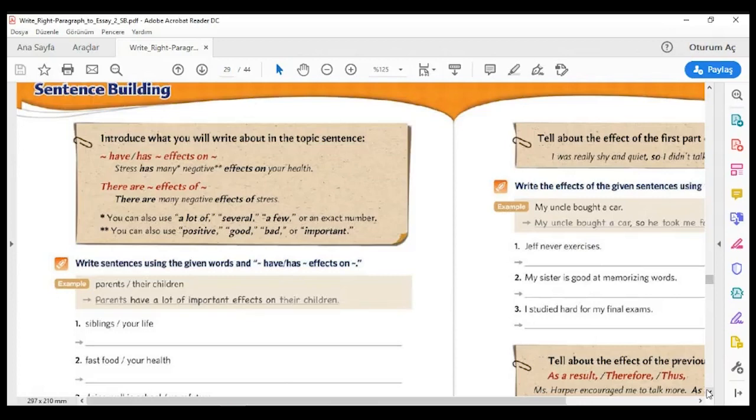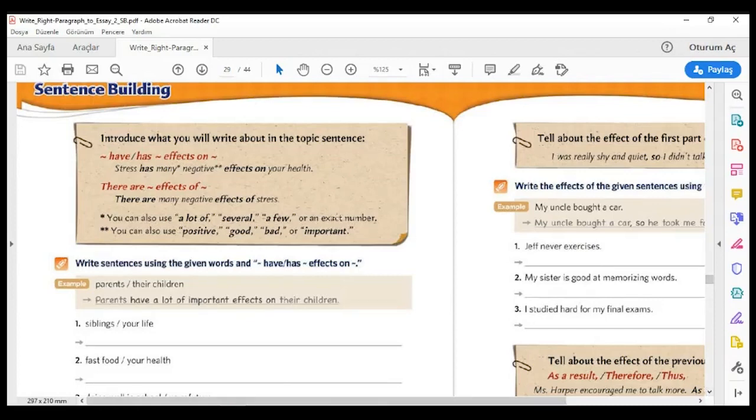So you will do this at the end of the unit, but I want you to come back to these activities that we are about to do now, because this will focus on the topic sentences. So just to remind you, the topic sentence is the first sentence of the paragraph. So it will not only introduce the topic, but also set the tone for the paragraph.